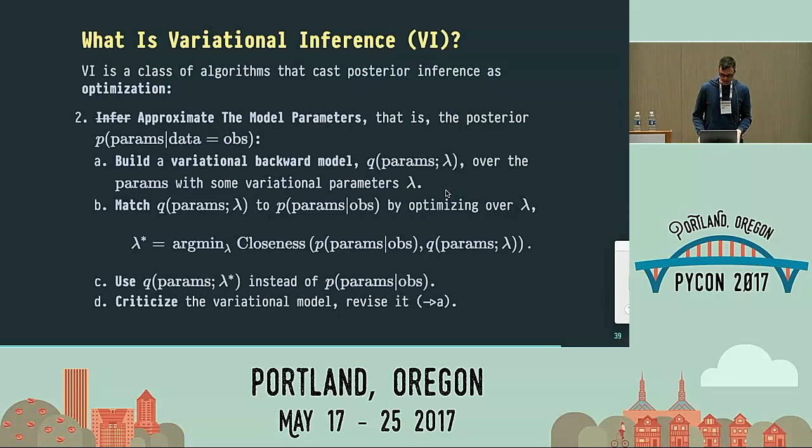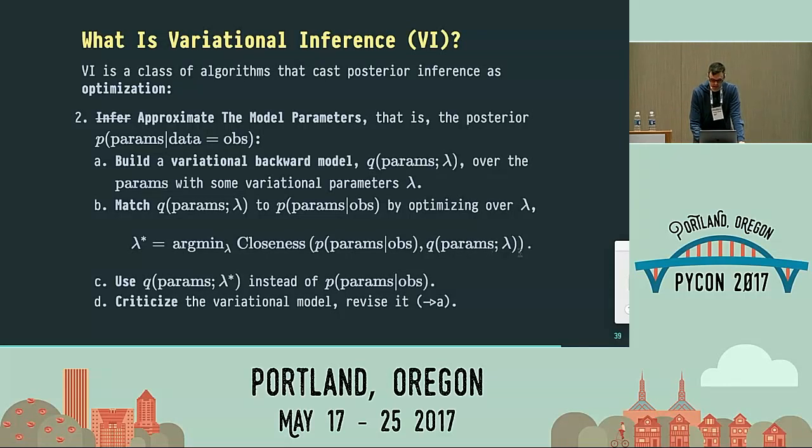And this is why you now have this nested loop. In step 2, you will have to build a variational model that basically replaces the posterior, and then you have to use an optimization process. I formulate this here mathematically. You have some measure that gives you a quantitative answer of how close the real posterior P and this approximation Q really are.